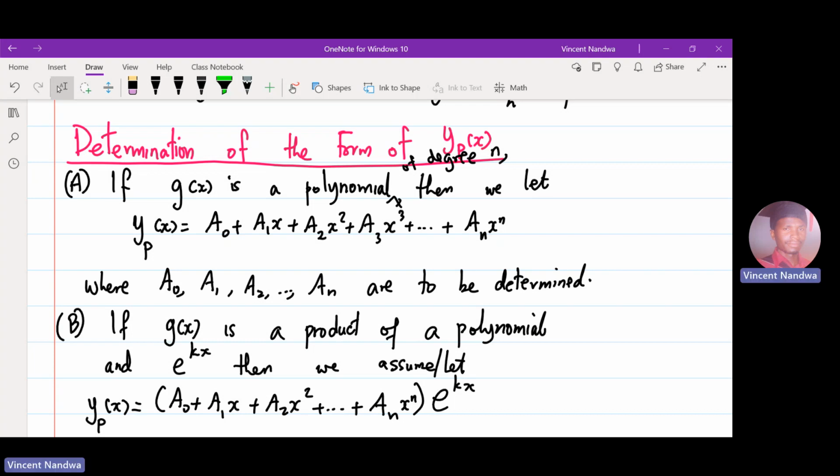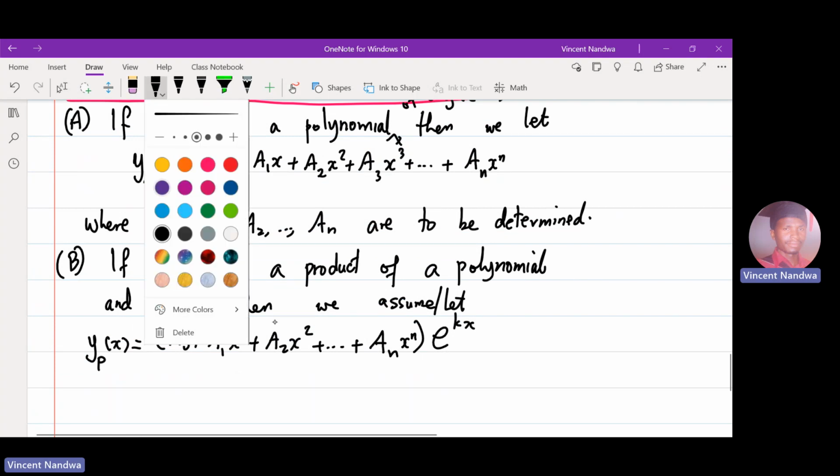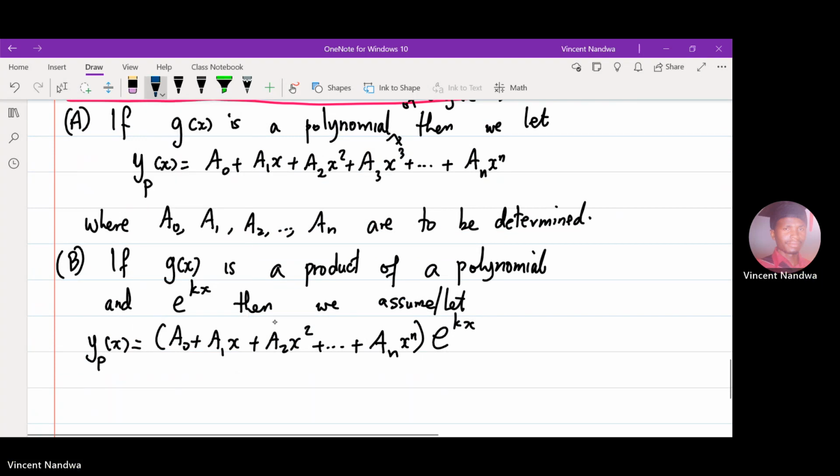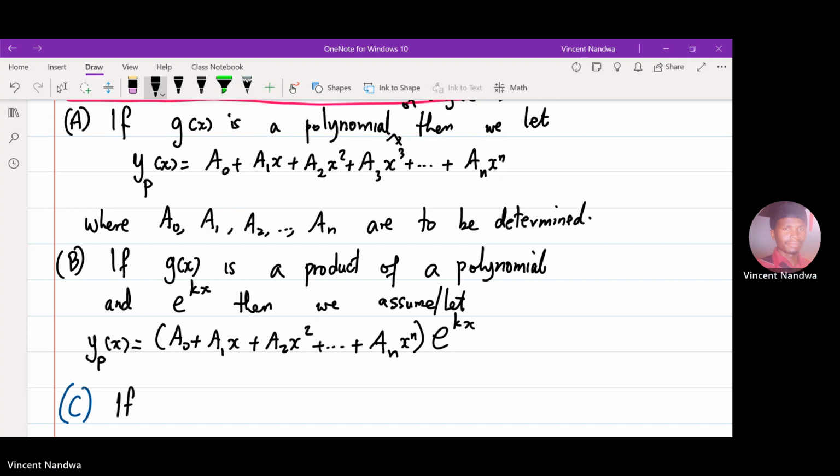So that's the second case, that the structure of g is a polynomial multiplied by the exponential term e raised to power kx. Okay, so I may not call it last case, so maybe say part 1.